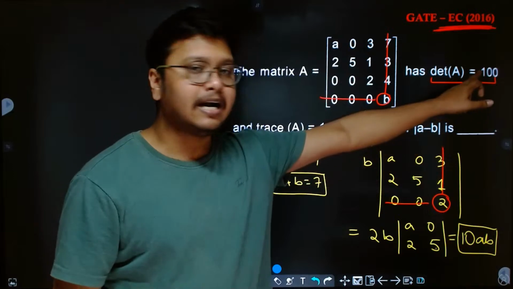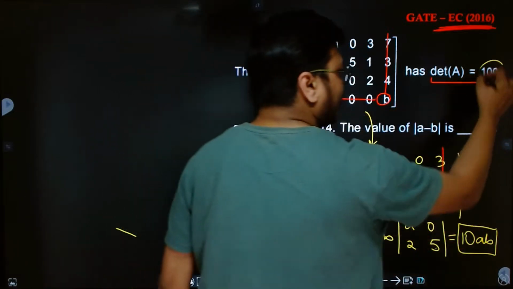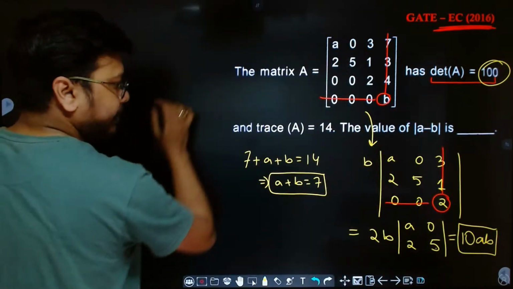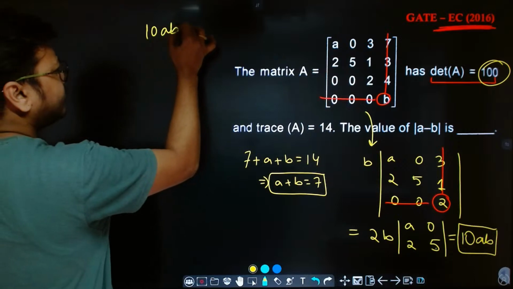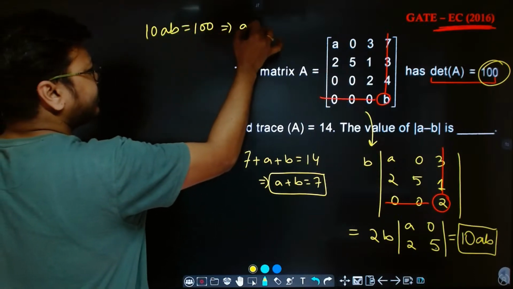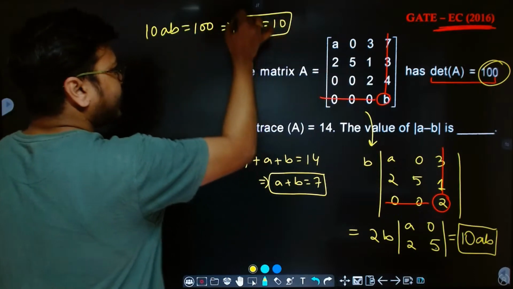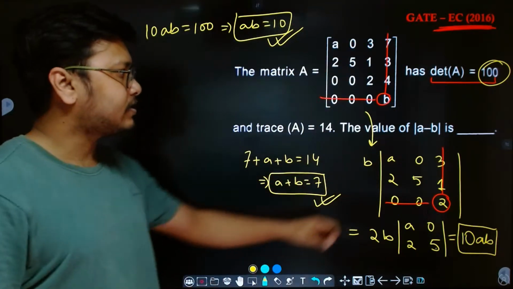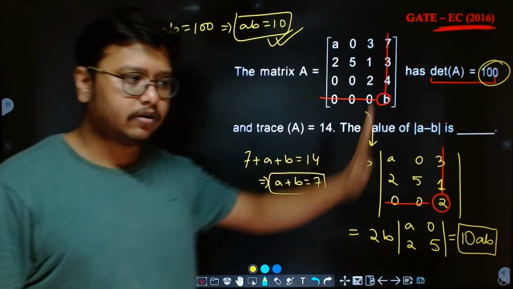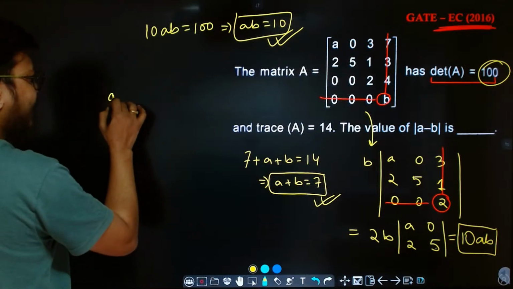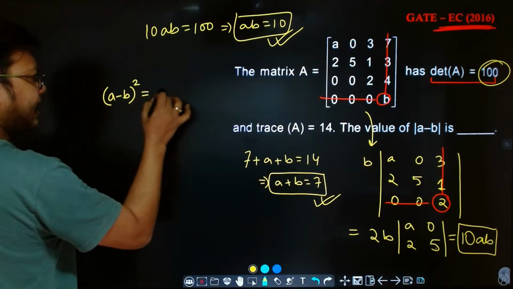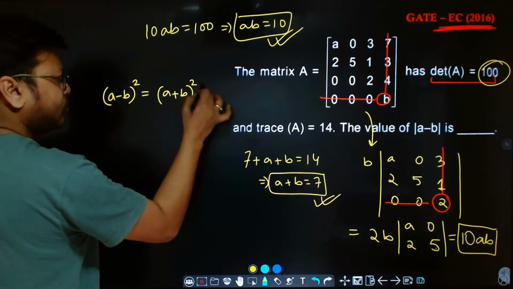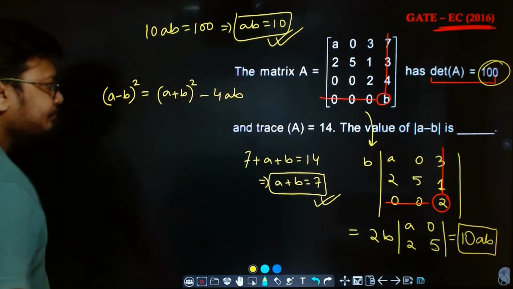This is the same as 100, since the determinant value is 100. So we have 10AB equals 100, which means AB is equal to 10. You know the value of AB, you know the value of A plus B, and you just have to find A minus B mod. We can write A minus B whole square as A plus B whole square minus 4AB.